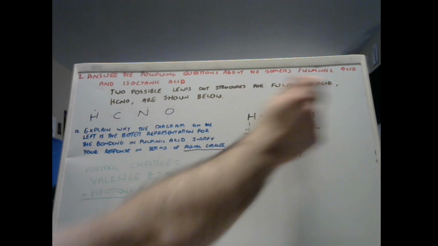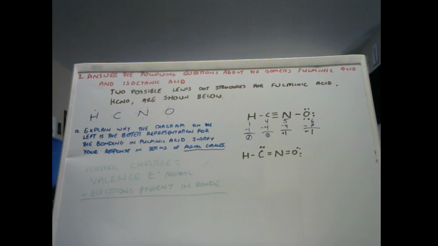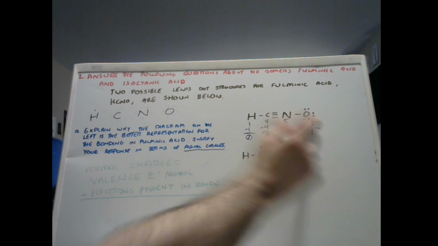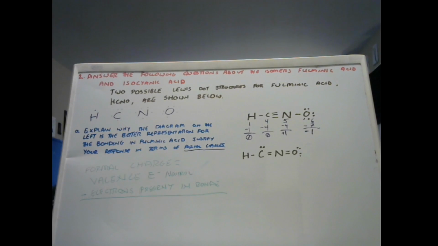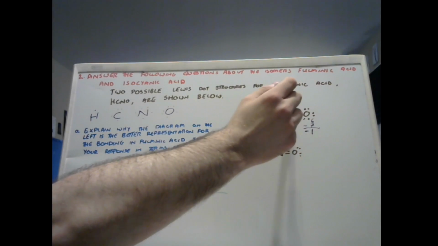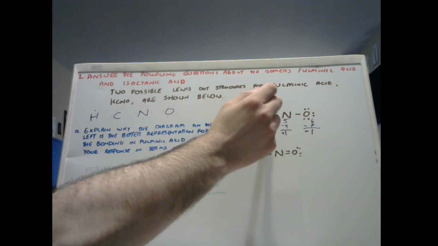This is a neutral compound. There's no ion charge on it. So does your formal charge add up to 0? 0 plus 0 plus 1 minus 1 gives you 0. If you had an ion, let's say carbonate, which has a minus 2 charge, your formal charges should add up to minus 2. Here, it adds up to 0 because we have a neutral molecule. So we have a formal charge of minus 1 on the oxygen, plus 1 on the nitrogen, and 0 and 0.